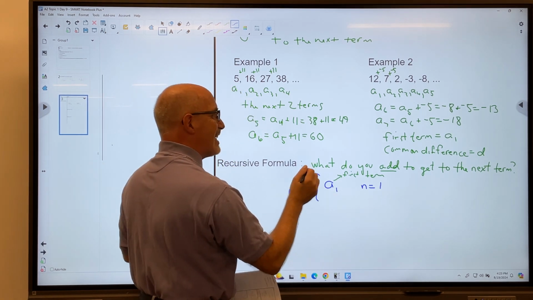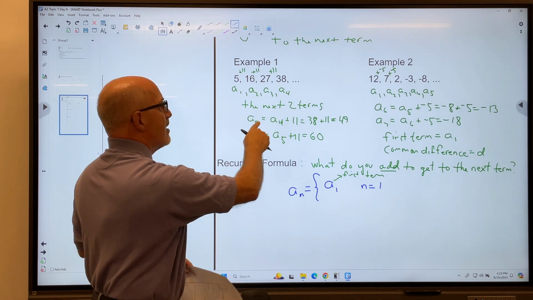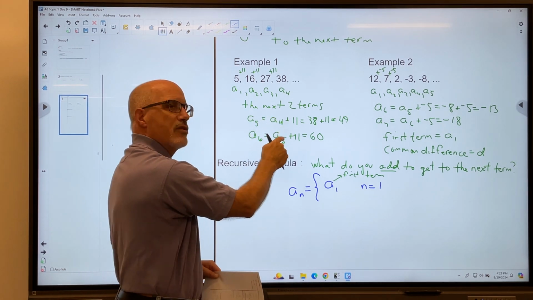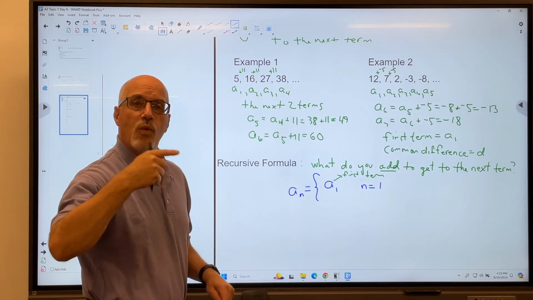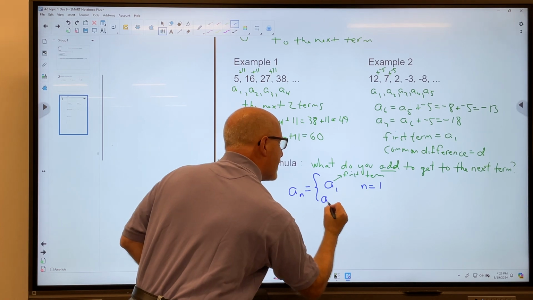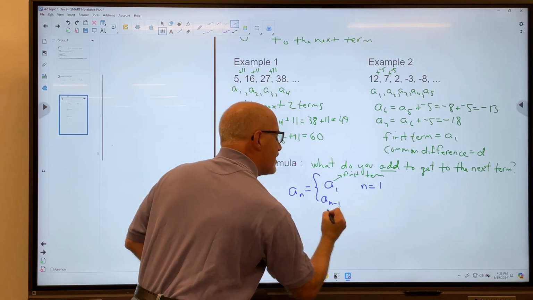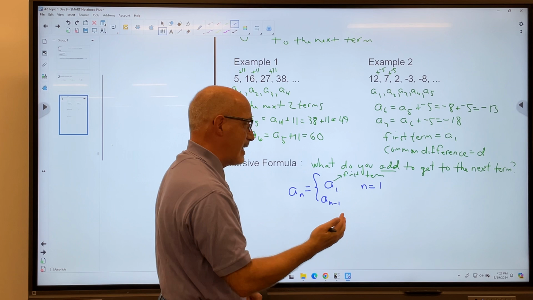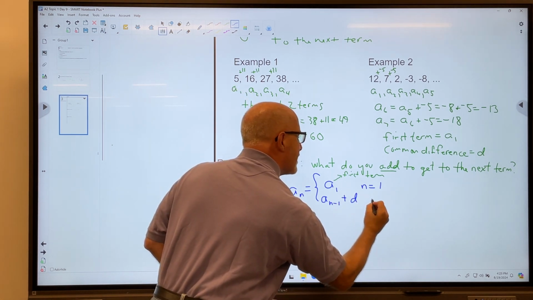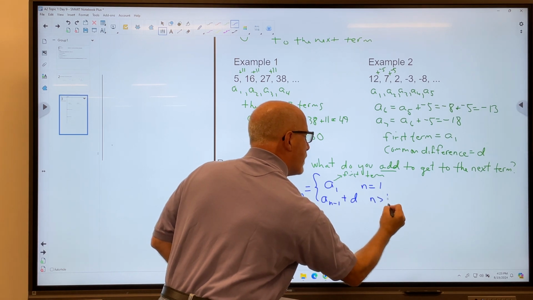And then to get to the next one, remember what we did here? To get to the 5th term, we use the 4th term. To get to the 6th term, we use the 5th term. It's always one less than it. So to get to the nth term, we use the n minus 1 term, one less than it, and we add the common difference for n greater than 1.